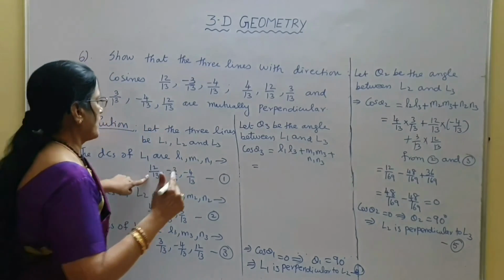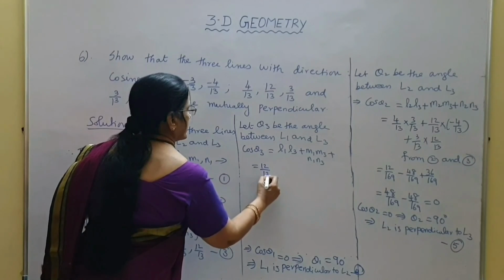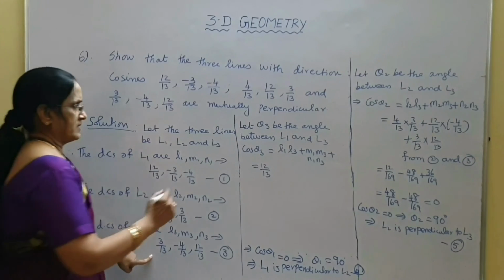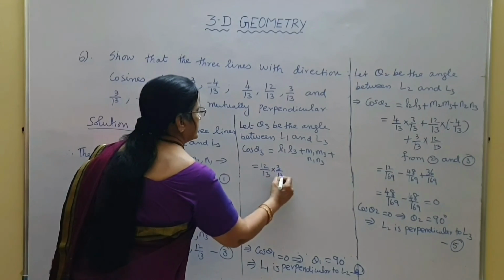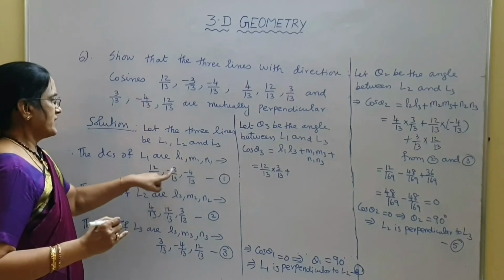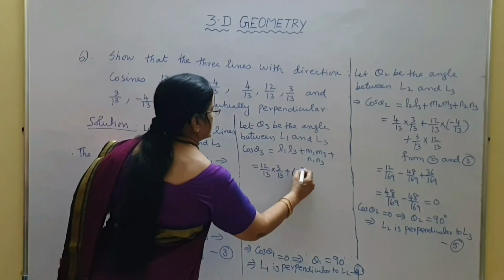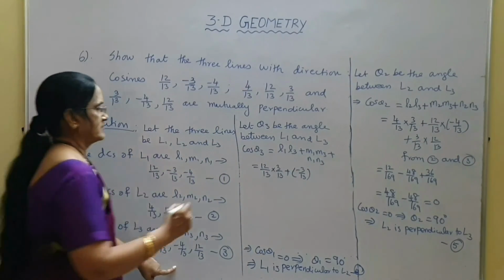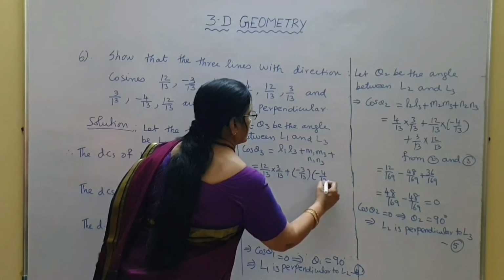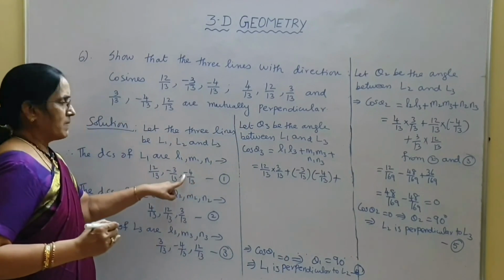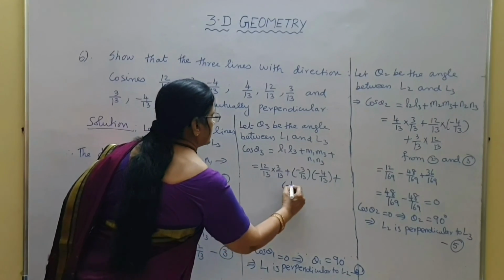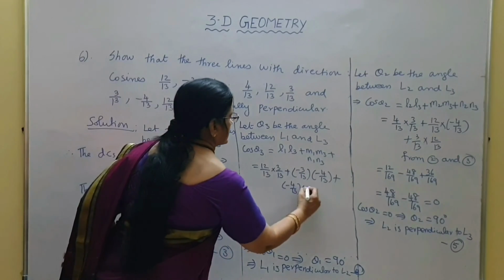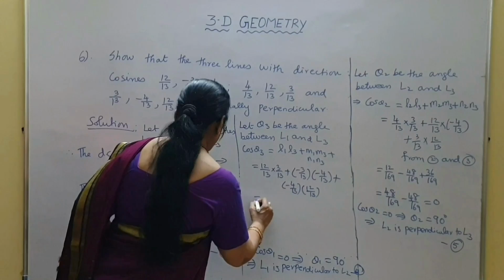We will be getting 12 by 13 into L3 is 3 by 13 plus M1 is minus 3 by 13 into M3 is minus 4 by 13 plus N1 is minus 4 by 13 and N3 is 12 by 13. Okay.